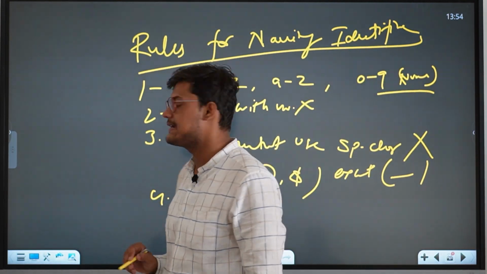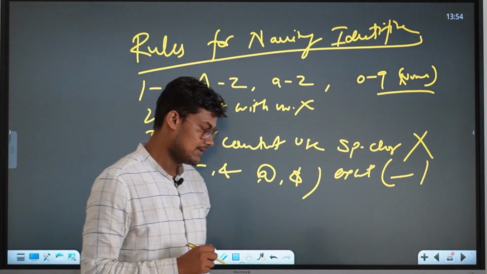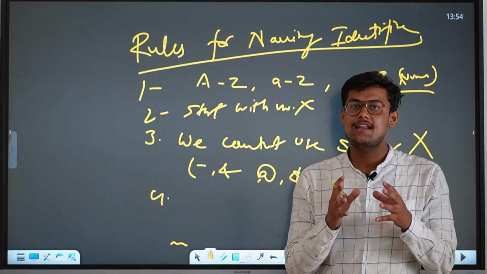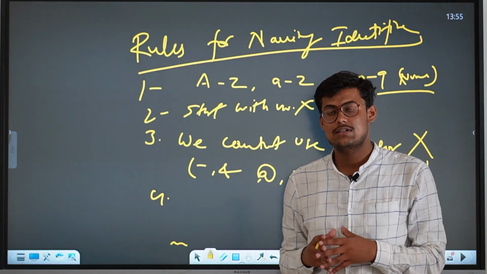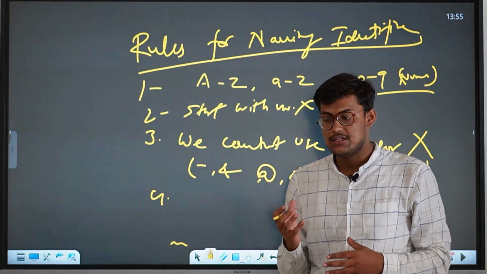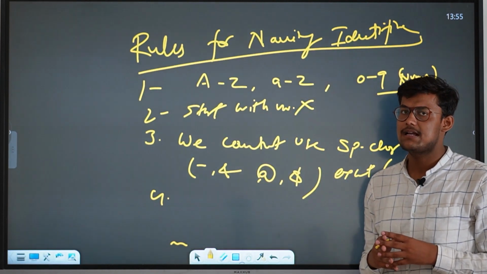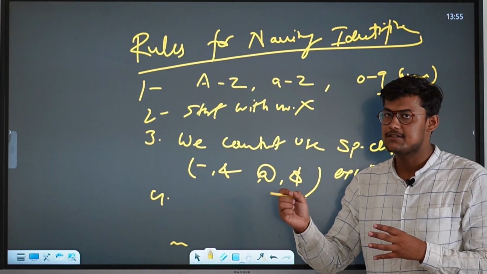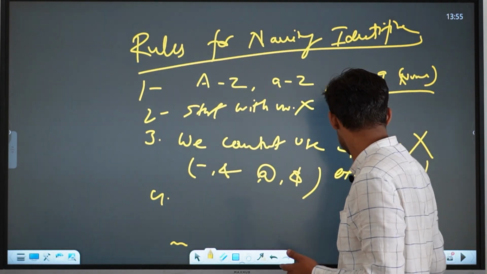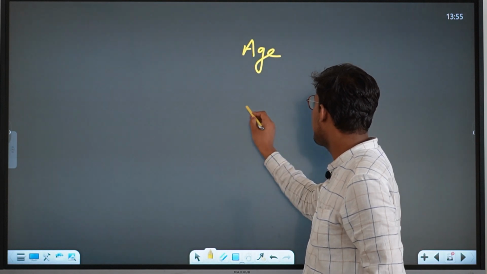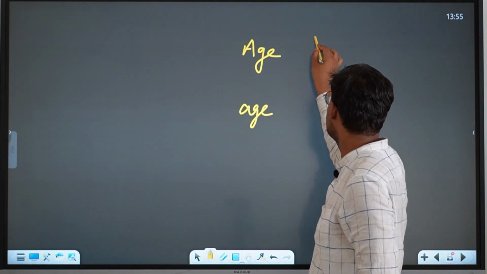And our fourth point says that variable names or identifier names are case sensitive. What is the meaning of case sensitive? It means that uppercase and lowercase variable names are different. For example, there are two variables, first one is capital AGE and second one is small age.